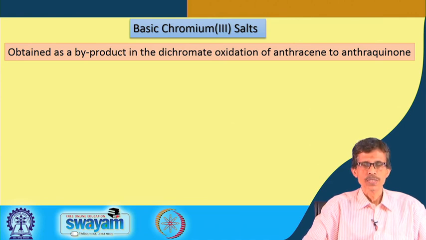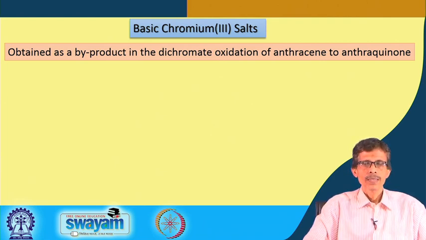Now, if we use the same strategy for the reduction of the dichromate species, because whatever we have seen so far is sodium chromate, sodium dichromate or potassium dichromate, where the chromium oxidation state was +6. It was the highest possible oxidation state of chromium and it is therefore highly oxidizing.